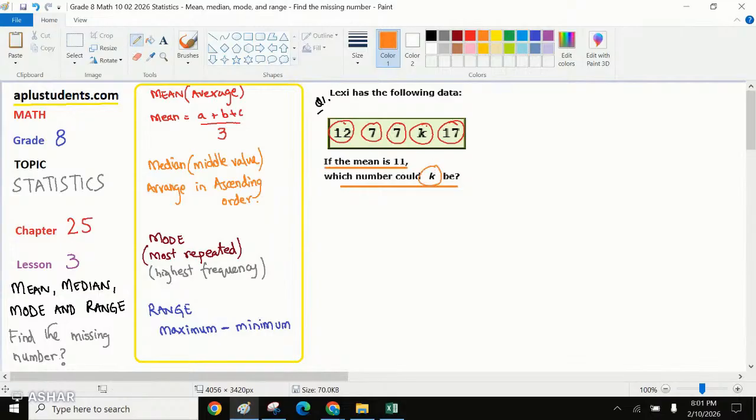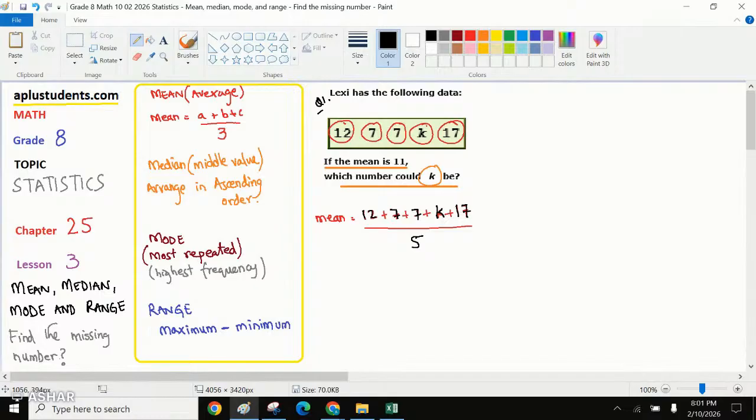In order to find the mean, we add the numbers together, and there were 5 numbers, so we divide by 5.